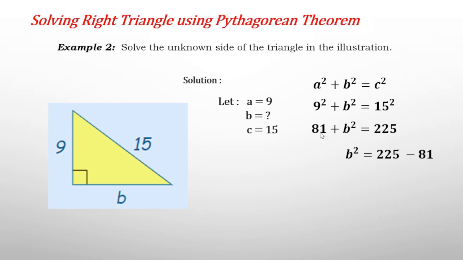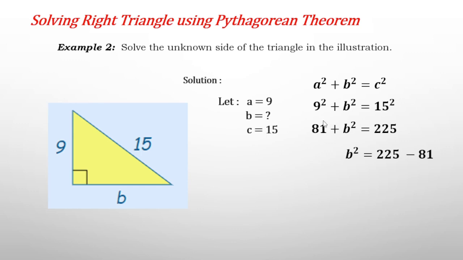Since we are looking for B, we need to isolate B squared on the left side of the equation. So the 81 must be transposed to the other side. Take note that if you transpose a term from one side of the equation to the other side, always change the sign.